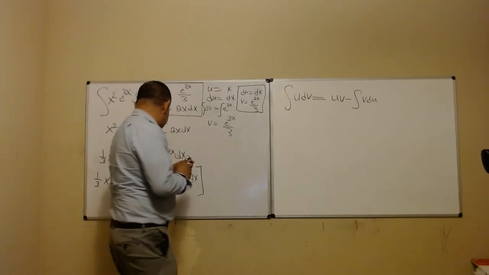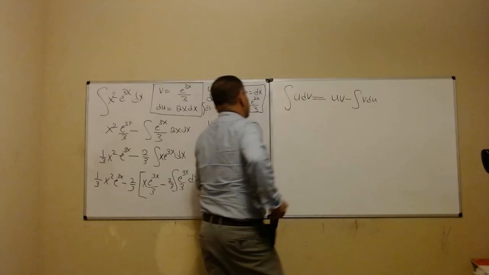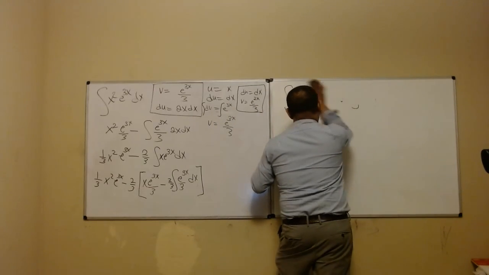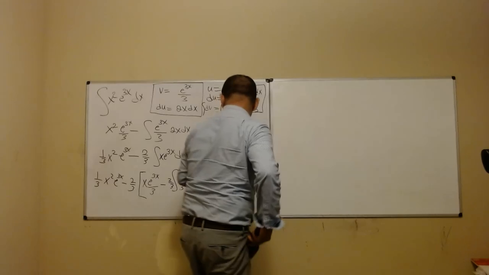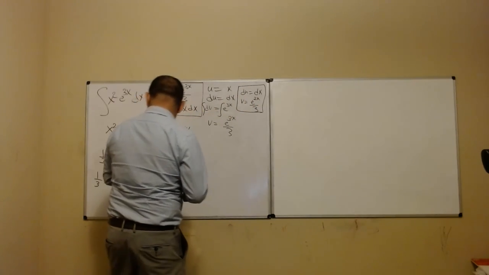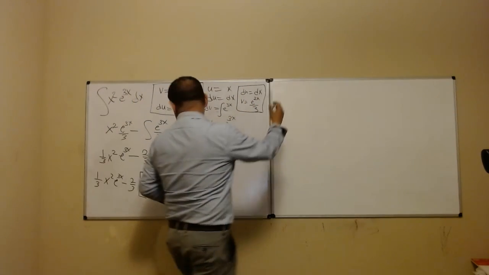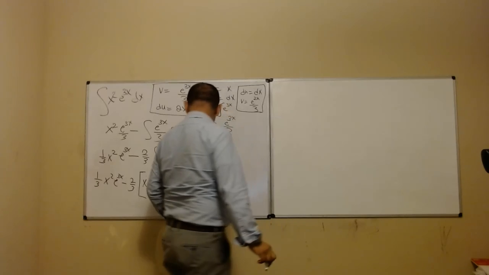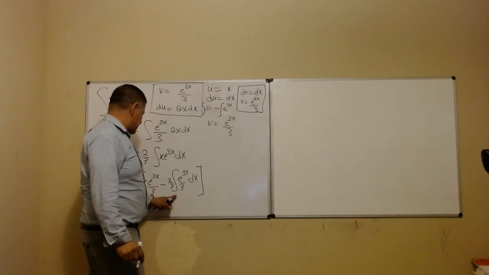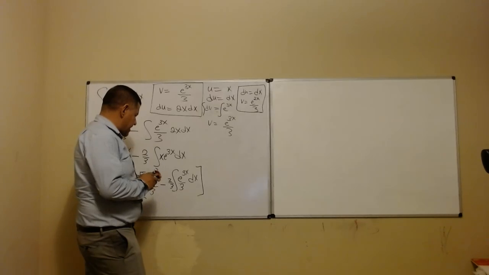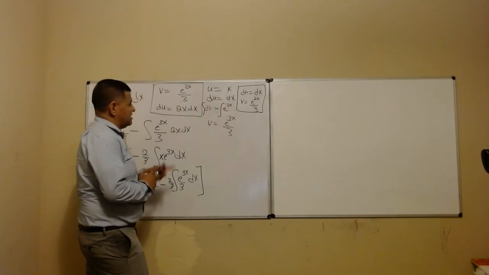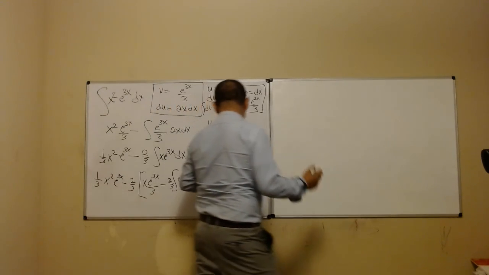So let me just erase that. Let me rewrite everything back here. Let me just take the integral of that right now so you can see it. Actually, no, let me just write it down here.